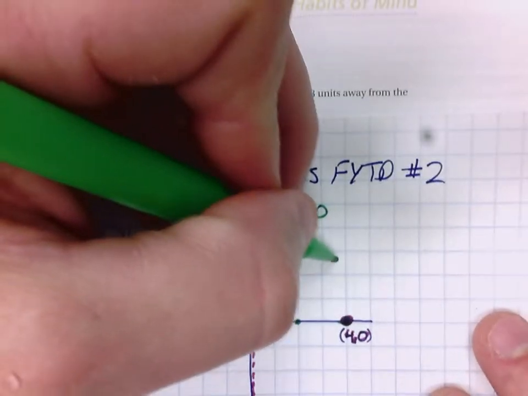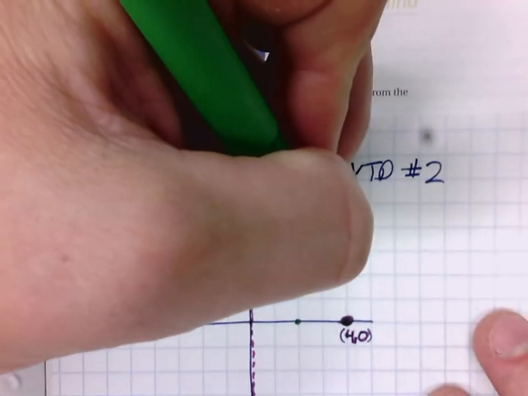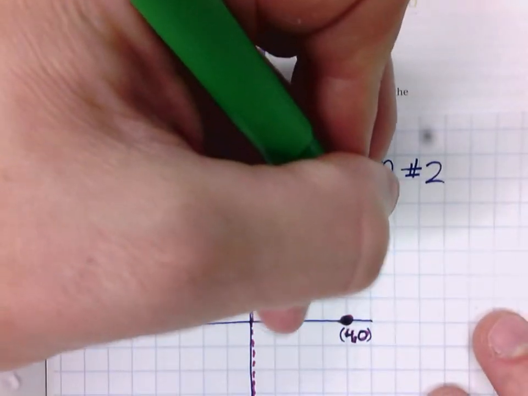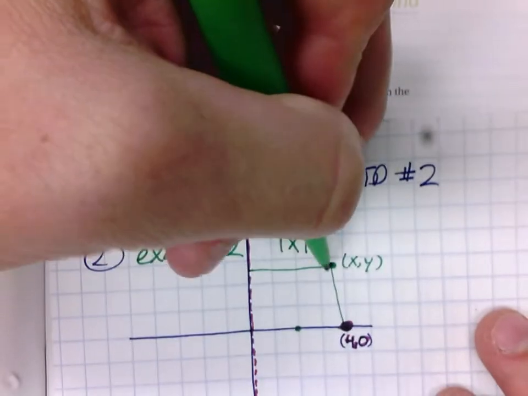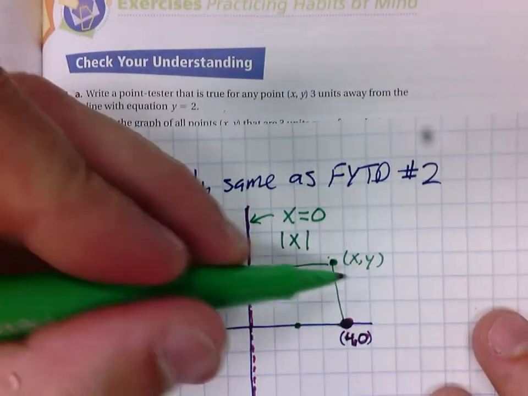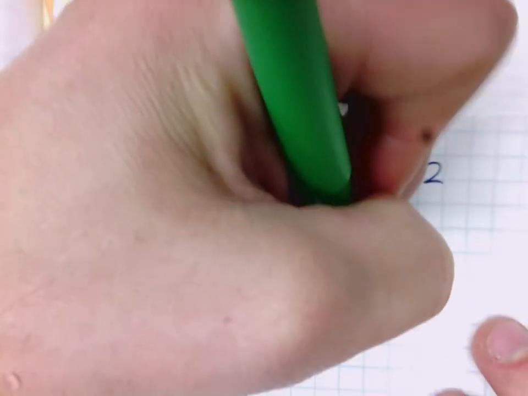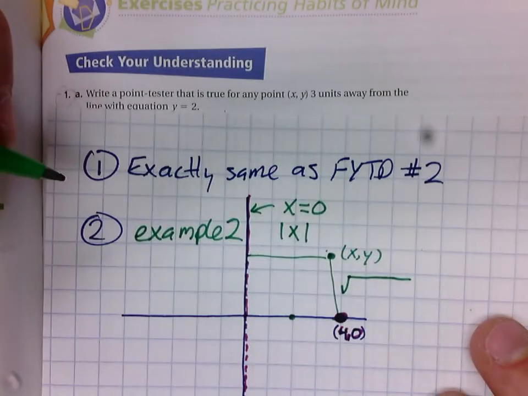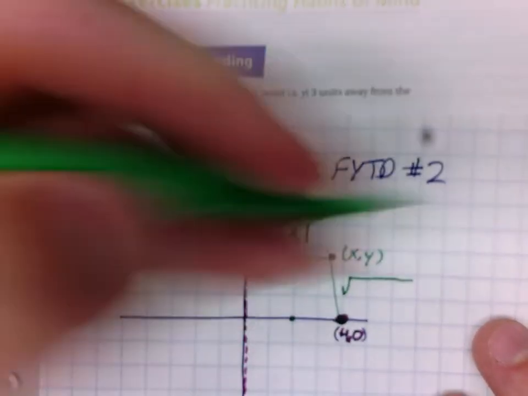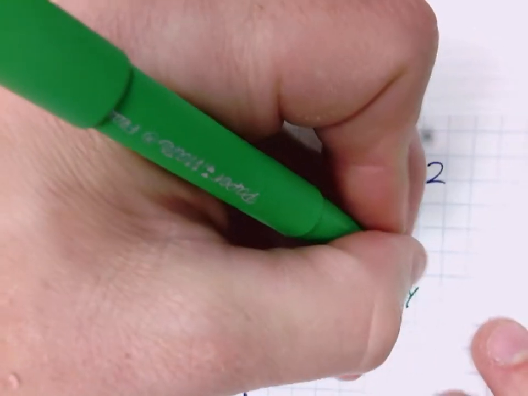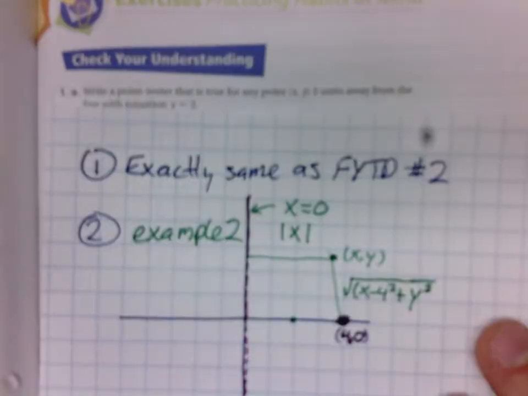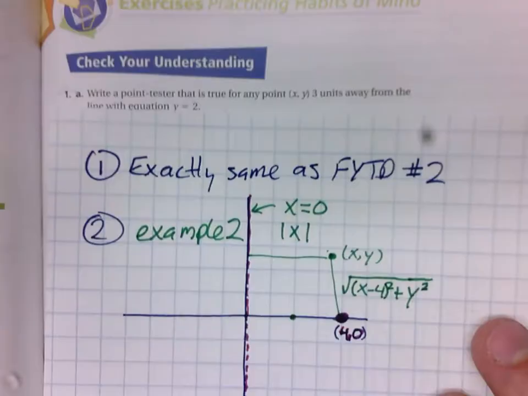And if some random point, let's call it (x, y), its distance from (4, 0) is going to be the square root of (x − 4)² plus (y − 0)². So I'll just leave that as y².